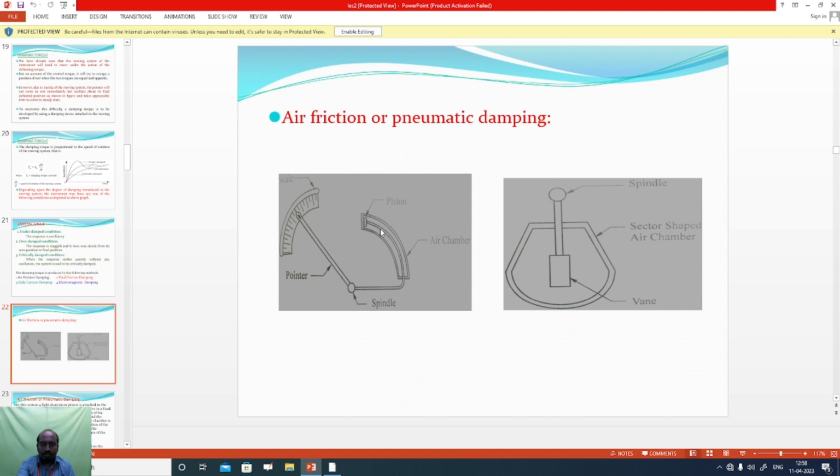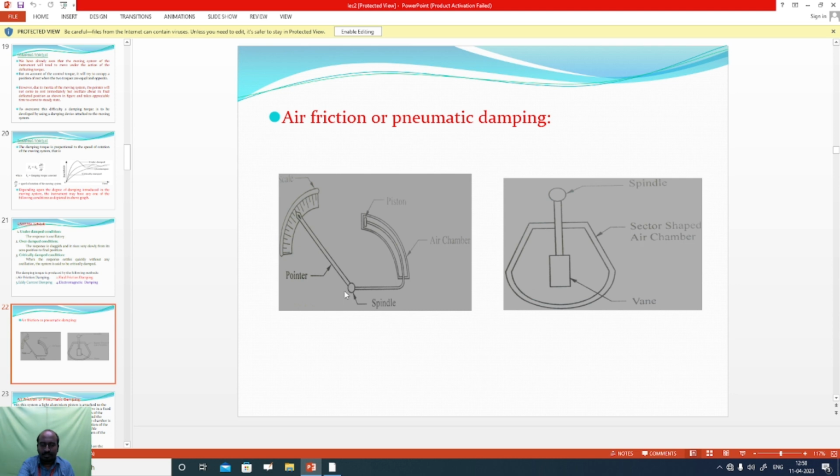The air chamber is already filled with air. So when the pointer is at a steady state position, that is, after producing a controlling torque, due to the air friction in the chamber, it will not let the pointer and the spindle move further.